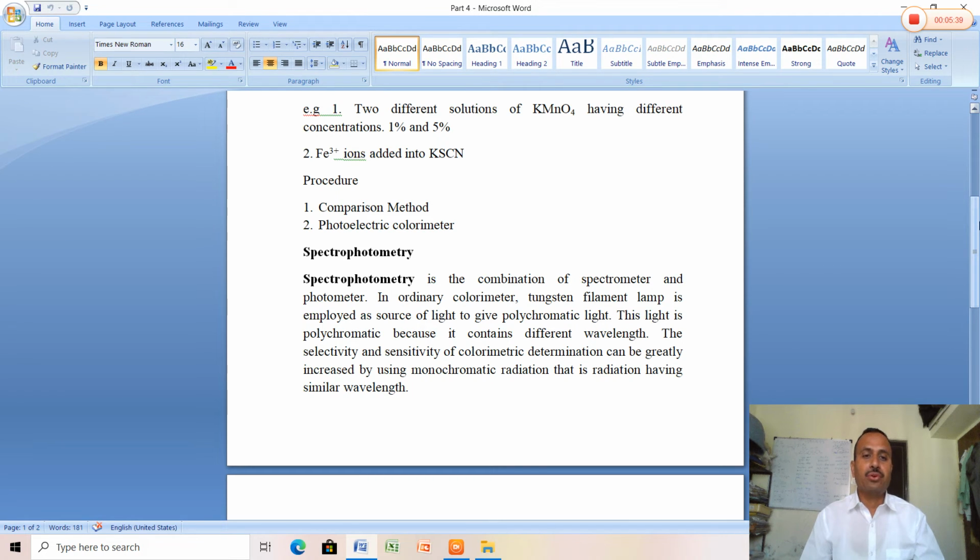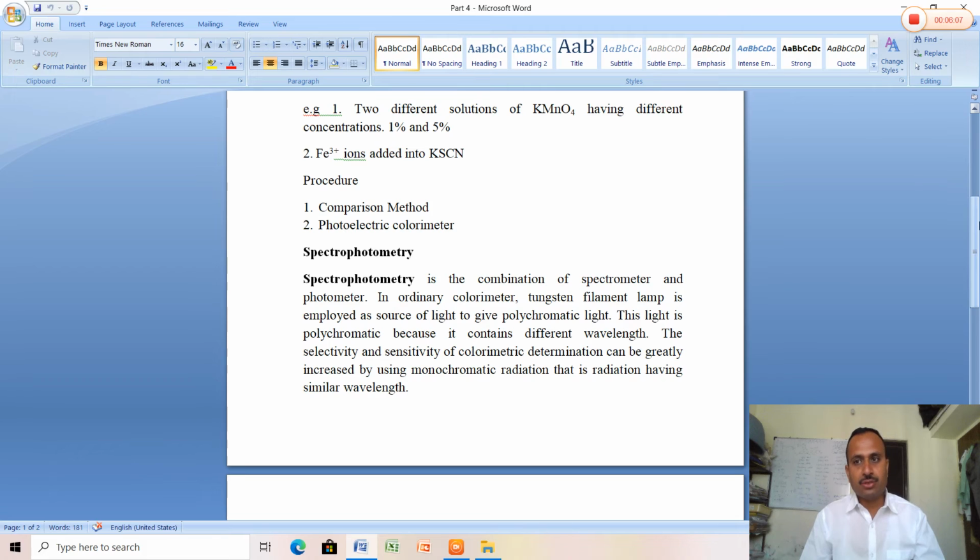In the photoelectric colorimeter, photocells are employed to determine the exact intensity and exact concentration of the colored solution or colored complex solution. The photoelectric colorimeter is the most accurate, most sensitive method. So it has a high advantage over the comparison method and is greatly employed.